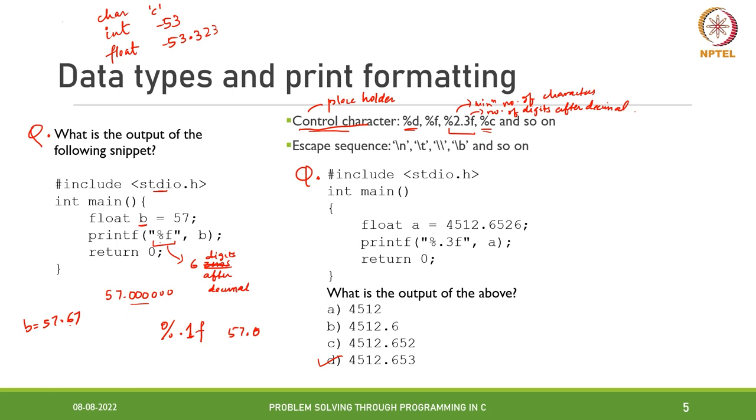So if you run this, you will see that it will give you an output of 0.653. Yes, three digits after the decimal. So the number of digits after the point is 5. In that case, this would print something like this.